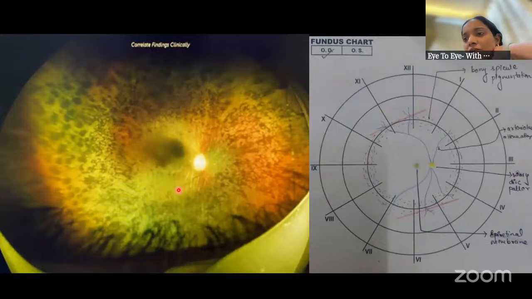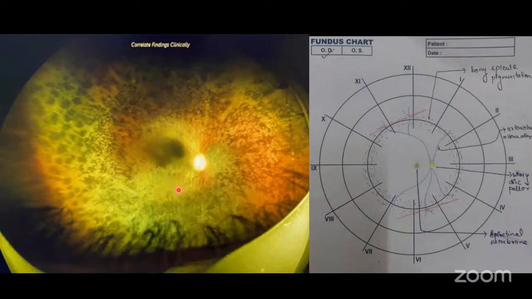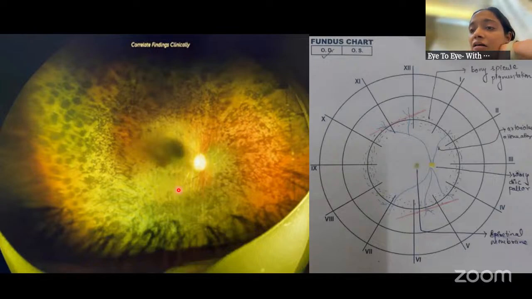So words like minimal don't have a place in an objective grading, and especially in such a case. That's why I'm saying just PSC you have to mention. You should not say minimal. Because PSCs are very common in retinitis pigmentosa, and cataract surgery is indicated, as opposed to this much PSC in a normal patient where you may not operate, but in RP even minimal is an indication for early cataract surgery.